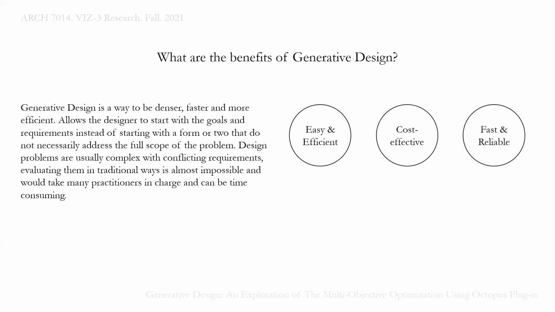Design problems are usually complex with conflicting requirements that mankind cannot necessarily understand, or is not even formatted to understand, the full scope of all of the values and parameters and consider that in a preliminary sketch.